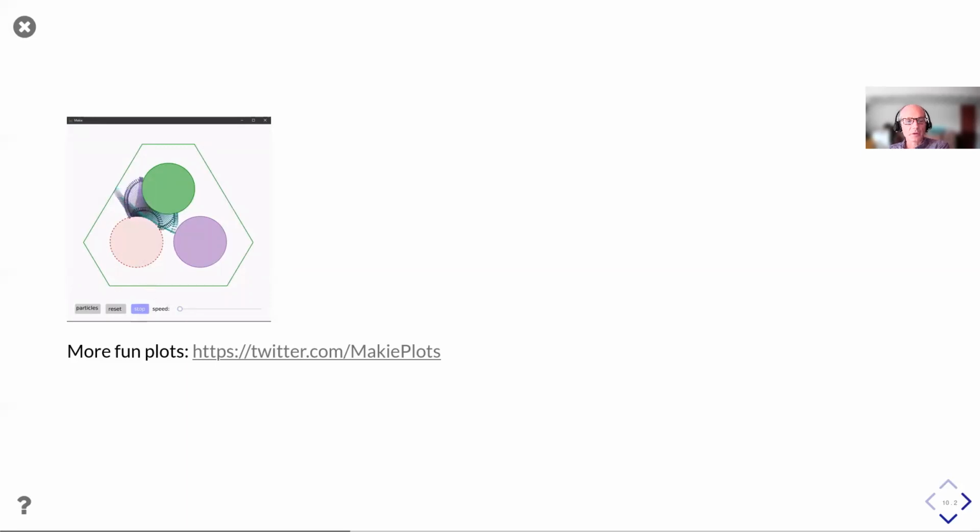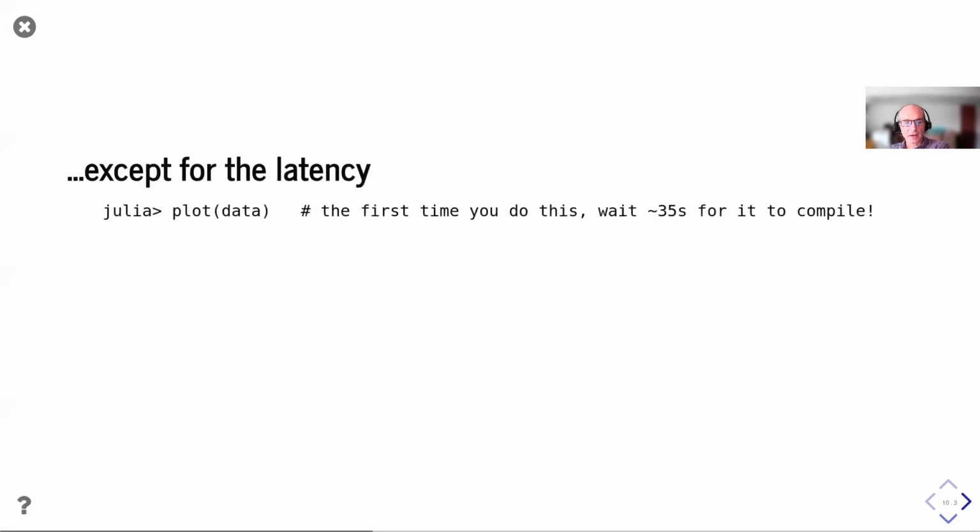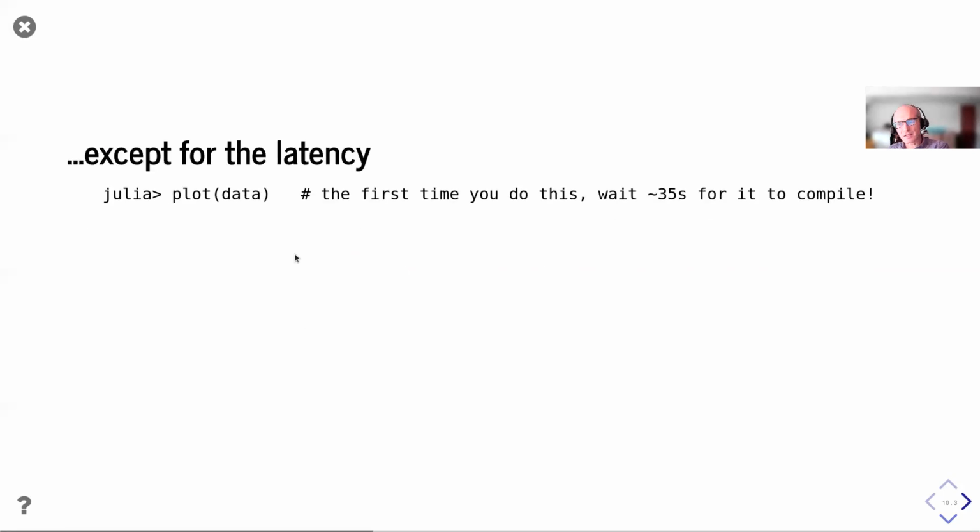Makie only has one really big weakness in my mind, and it's a big one, and that is this latency problem that I mentioned. For all of its elegance and beautiful design, the first time that you load Makie in a fresh Julia session and send your first plot to have it pop up on the screen, you could easily end up waiting 35 seconds for that to appear. That's all the time that Julia is spending aggressively specializing and compiling Makie's code.